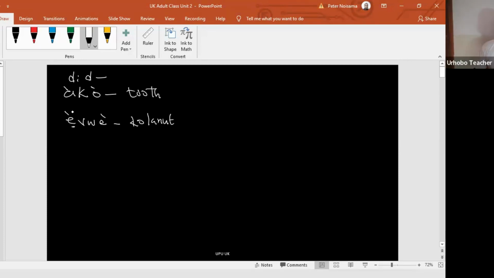So once you have any Urhobo book, especially the Urhobo dictionary or the Urhobo Bible, and you want to read, you will see that in every one of the vowels, there's a tone. Tonal mark is put on top to guide you to read it, because books are not voiced. You have to read it and create the voice for yourself.